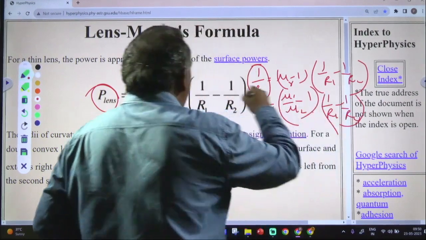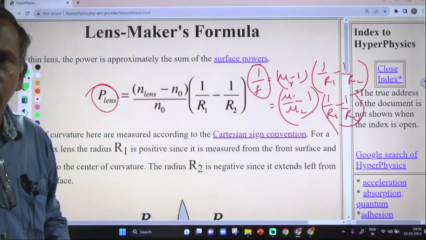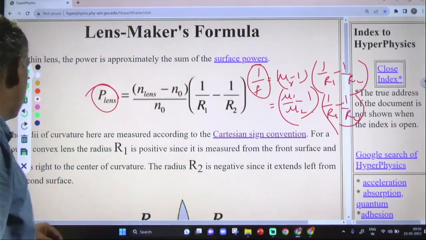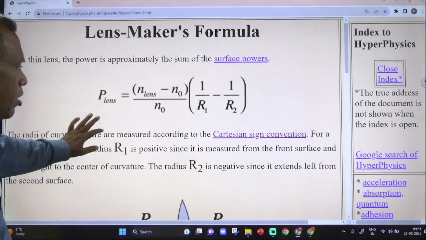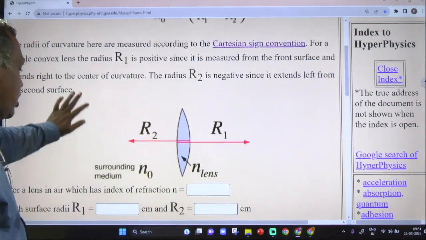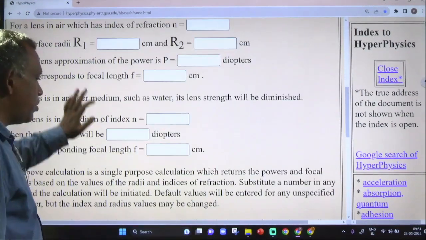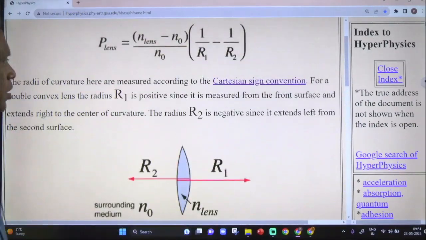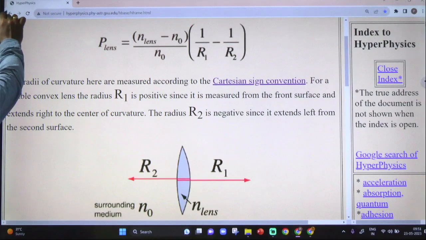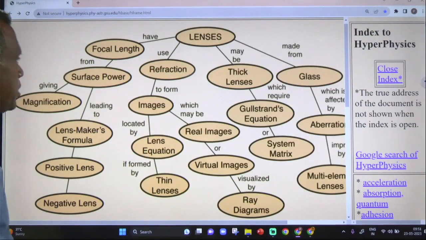The same formula you can express in this form also. The lens maker's formula is important in optics. We will do the problems on R1 and R2 in the next video. By using the lens maker's formula we can solve the problems.